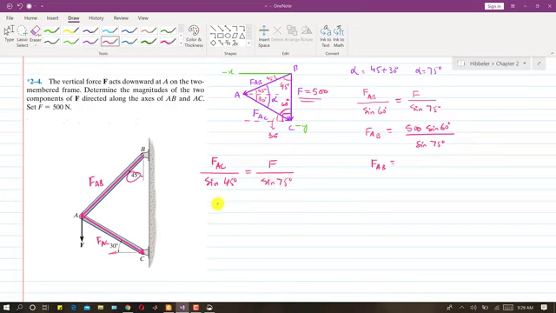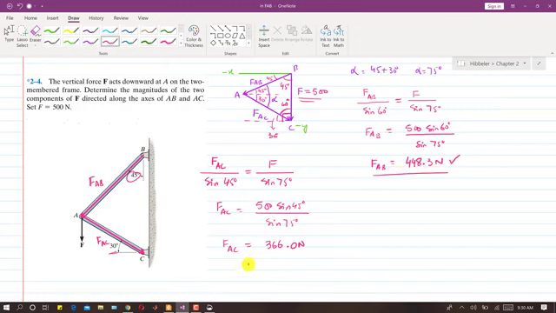So FAC is equal to 500 sine of 45 degrees divided by sine of 75 degrees. This gives the component of force along AC. Let me solve these two equations using a calculator. FAB comes out to be 448.3 newtons and FAC comes out to be 366.0 newtons. So this is the solution of this problem.